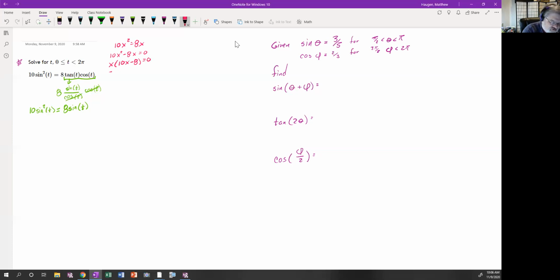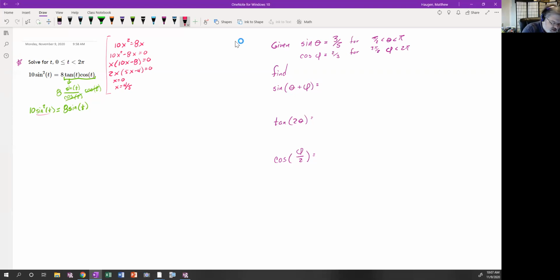You can pull the 2 out, I suppose. Then you'd get your two solutions at x equals 0 and x equals 4/5. So that's how we isolate that x.